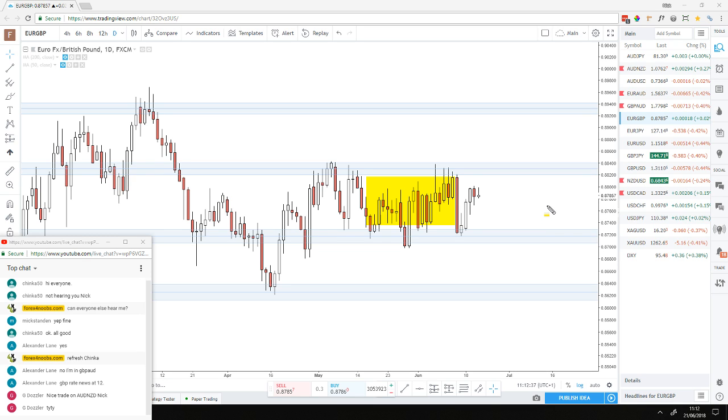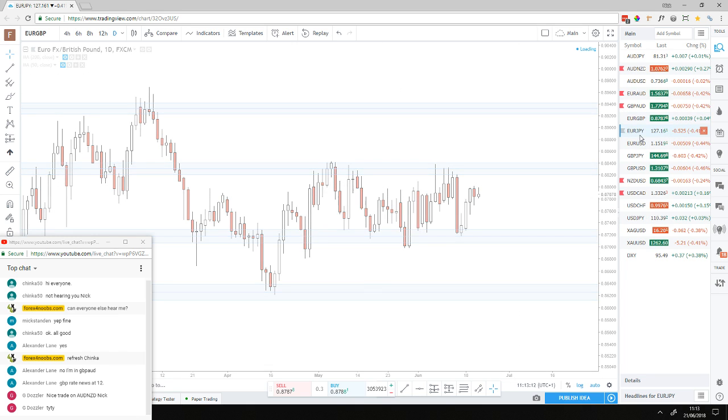I love it when a pair is in a range, because range trading is some of the easiest trading you can do. You short the top of the range, you long the bottom of the range, short the top, long the bottom. But this has just been so messy that I'm just not that comfortable trading it. So yeah, I'm just going to continue to not trade Euro GBP right now.